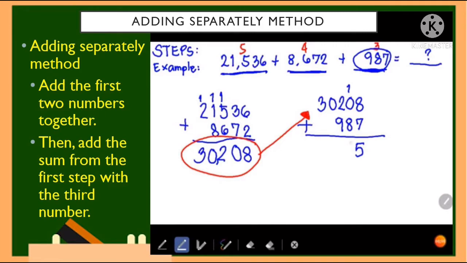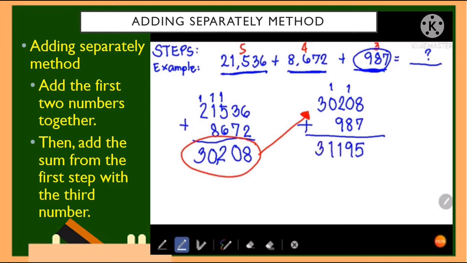So 9. 2 plus 9 is 11. So I will put 1 here and then 1 up here. Am I correct? Then 1 plus 0 is 1. And then 3 plus nothing, just copy 3.